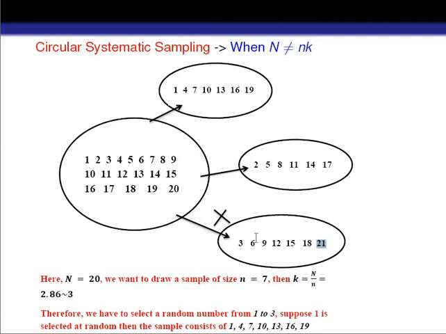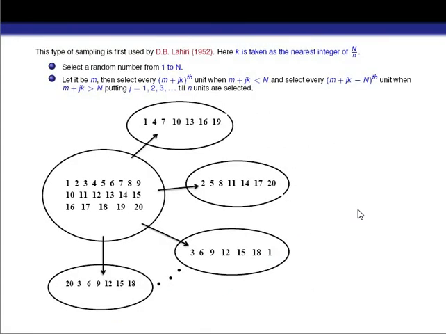So what will we do in this situation? What process do we have to apply for selecting a sample from the population by using systematic sampling when capital N is not equal to nk? This type of sampling was first used by D.B. Lahiri, and it is called circular systematic sampling.